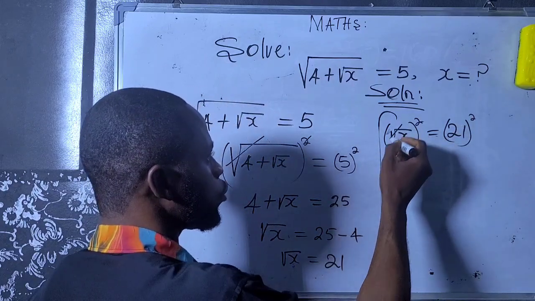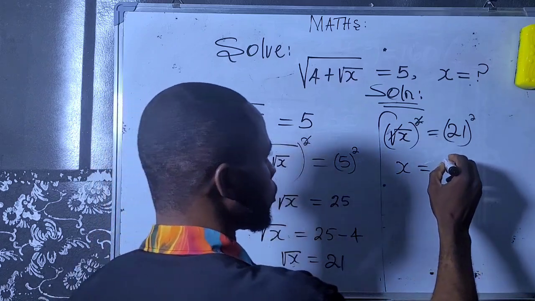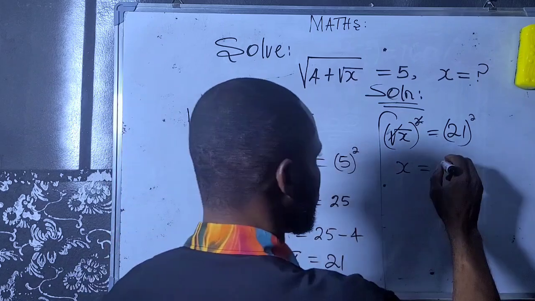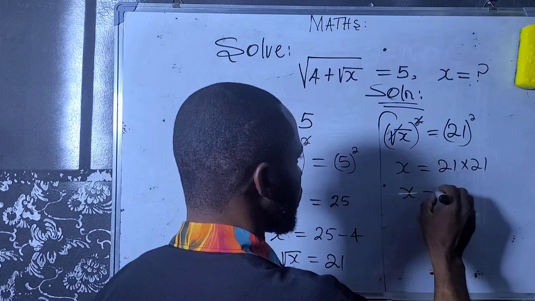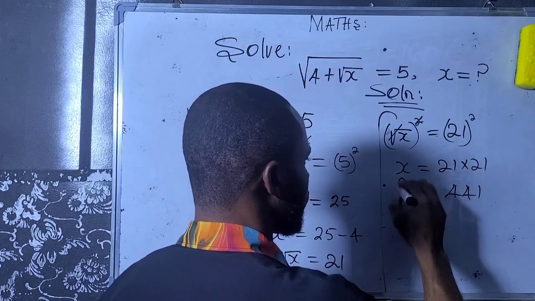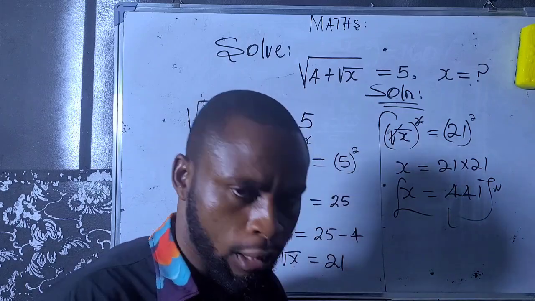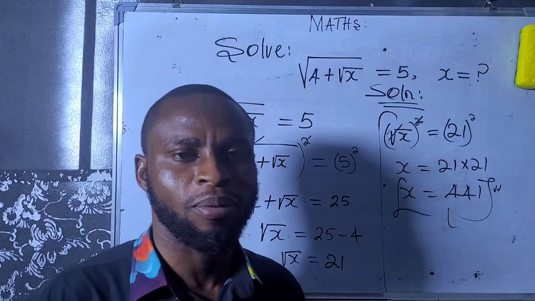Then here again, the square root will eliminate the square, and we have that x equals 21 to the power of 2, which simply implies 21 times 21. Then as such, x equals 21 times 21, that will give us 441. And this is the value of x that will satisfy this given equation here on the board.